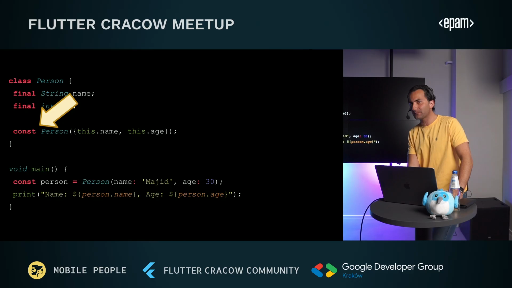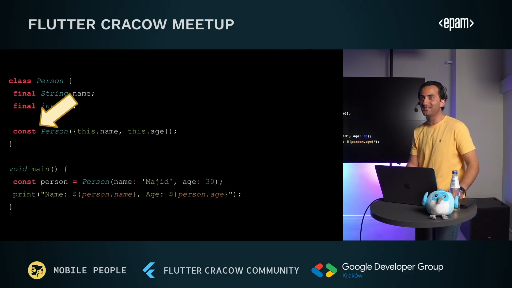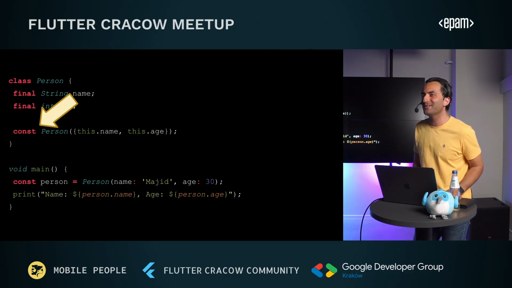Can someone explain to Dominic, because he's a GDE as well, what a constructor is? Like he is 5? I am 5. Yes, I am serious. Can anyone explain? The object that doesn't change. It's an object that doesn't change.